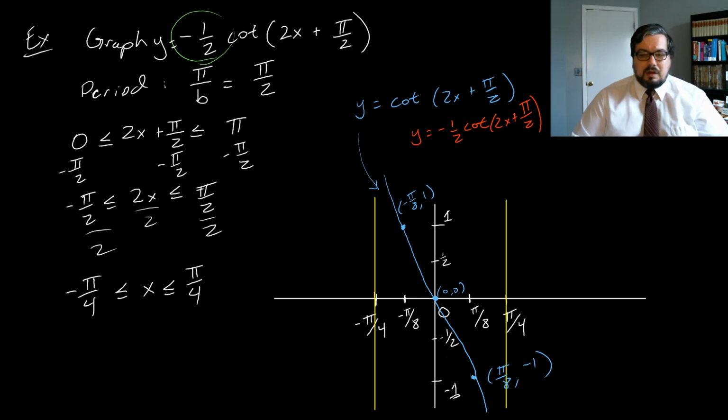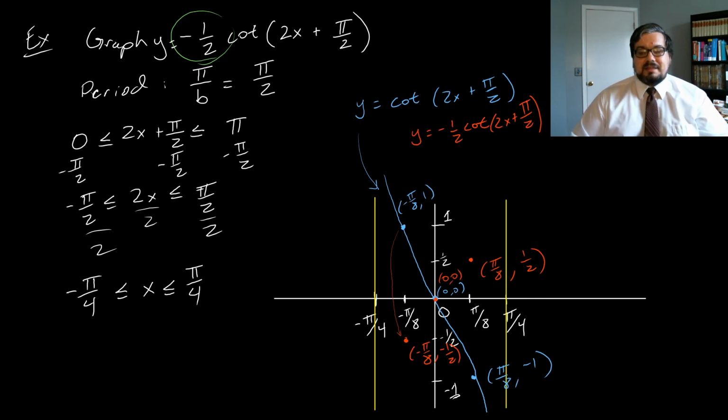So our point -pi over 8, 1 becomes the point -pi over 8, -1/2. The point 0, 0 stays where it is, it's still 0, 0. And then the point pi over 8, -1 becomes the point pi over 8, +1/2, as we multiply by -1.